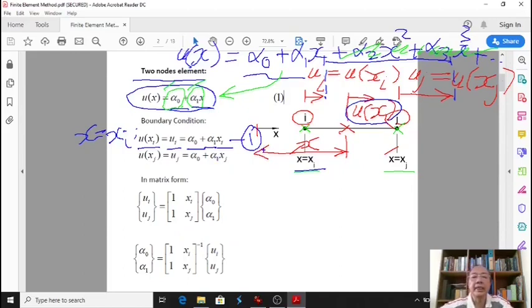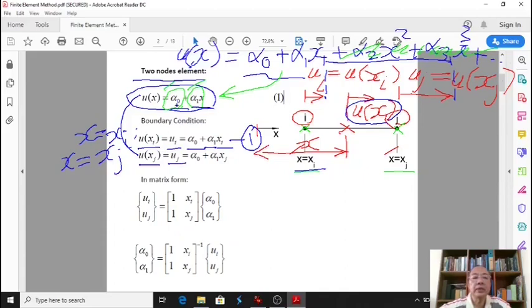The second boundary condition at node j, x equal to xj. So we substitute x equal to xj here. So u at xj equals uj.